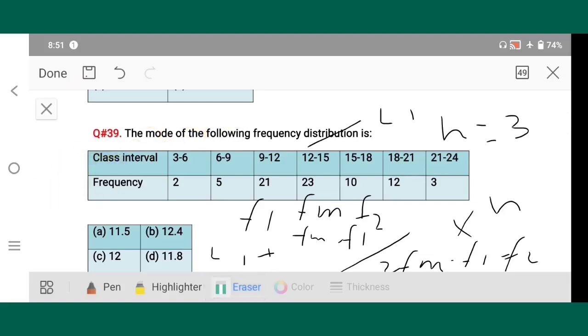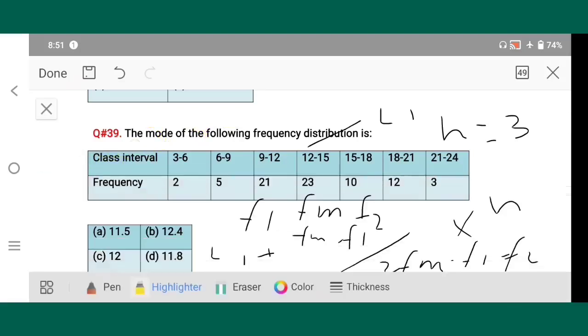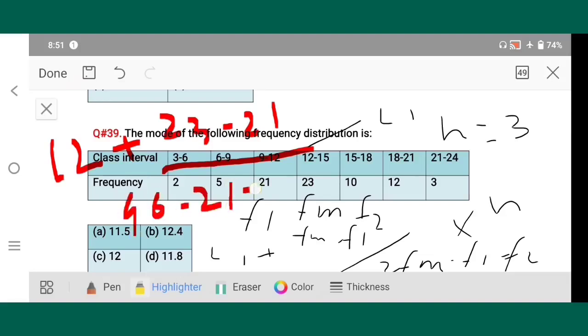Let's just change the color. L1 is 12, Fm is 23, F1 is 21, divided by 2Fm. So 2Fm gives 46. 46 minus F1, that is 21, minus F2, that is 10, times H, that is 3.